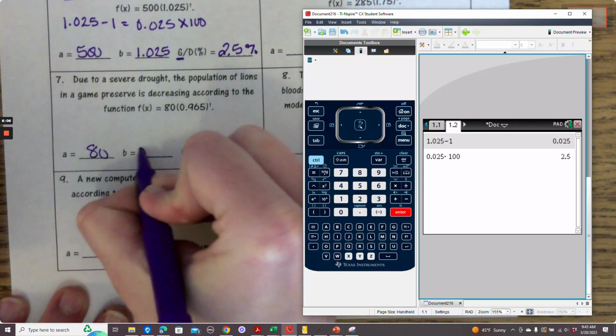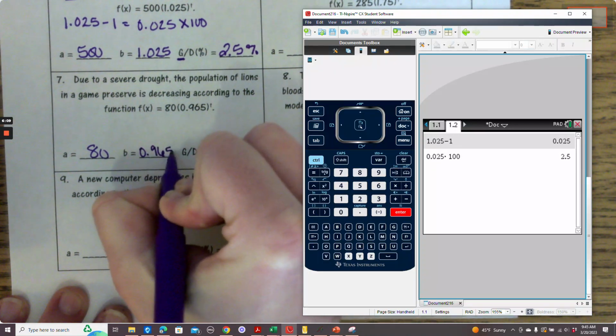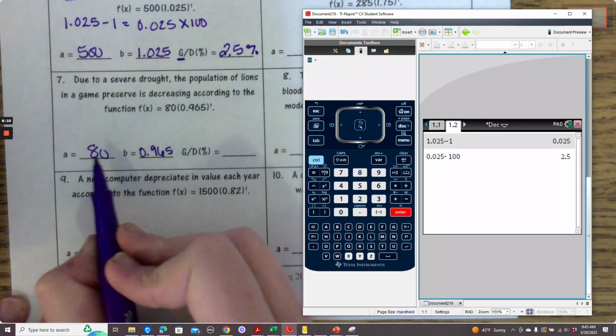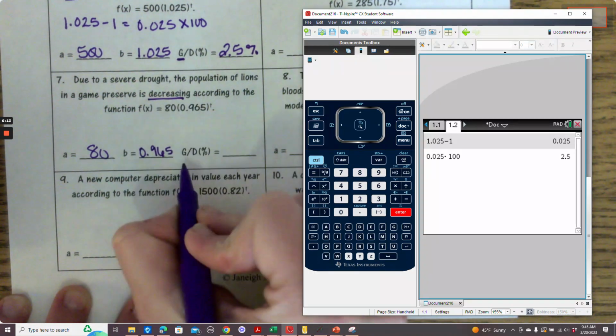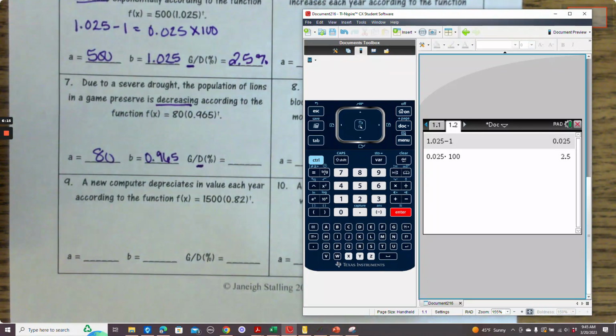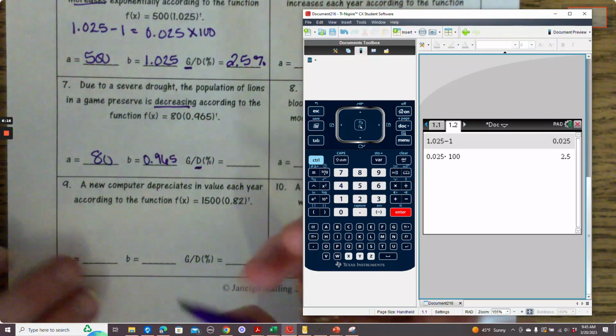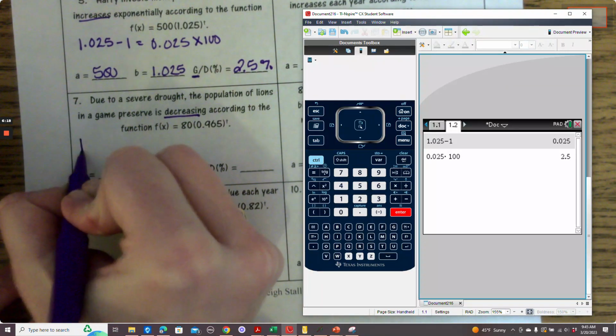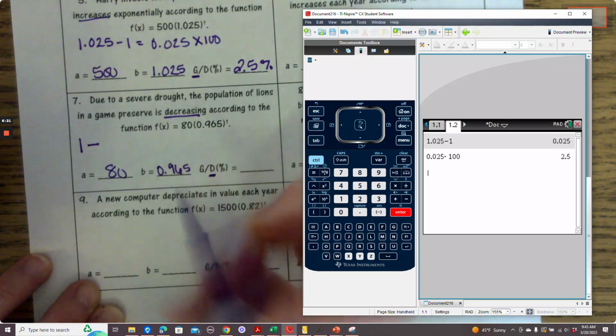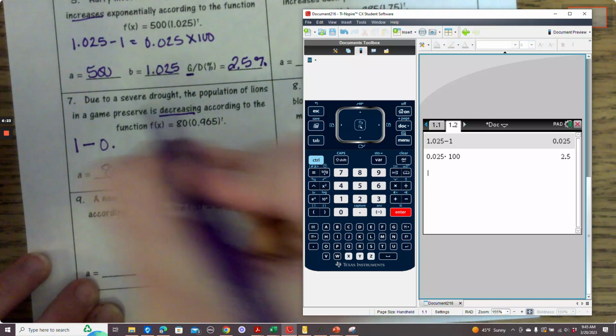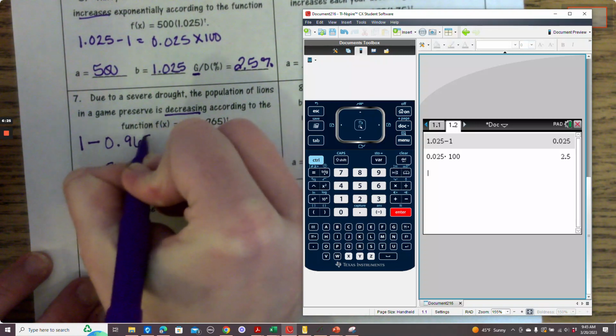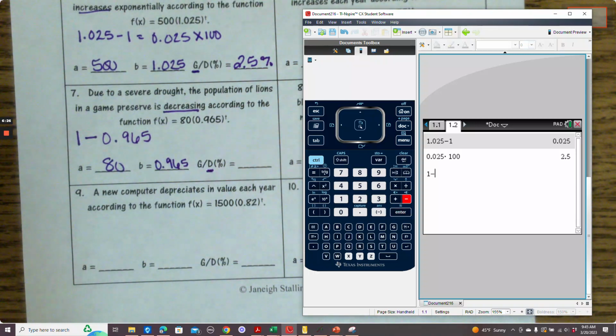Your b value is the number in parentheses. Now this one is decreasing, so it's decay. So to find that as a percentage, we do 1 minus that b value. So we just kind of flip the numbers around. It's still subtraction. We just have to do the 1 first. Now, you can do it this way, minus 1.